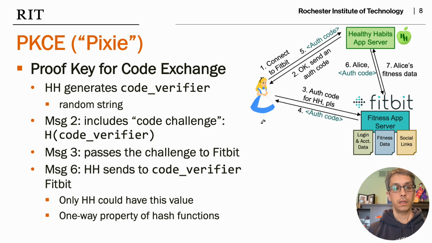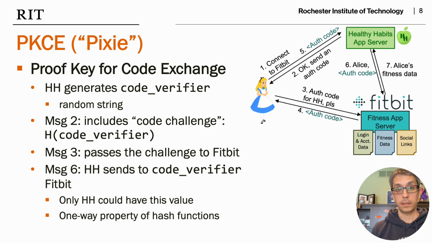Later on, in message 6, Healthy Habits can send the code verifier, the unhashed value, to Fitbit. Of course, only Healthy Habits could have had that value because of the one-way property of hash functions.